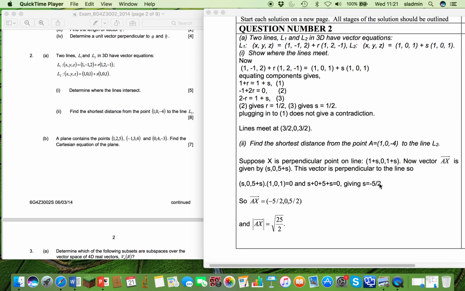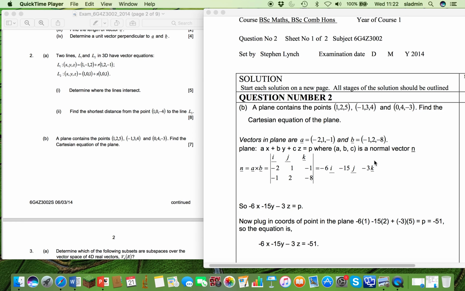And then if we substitute -5/2 into this equation, AX is this vector. So to find the length of this vector, we just use the Euclidean norm. So that's the square root of 25/2. And that completes the solutions.